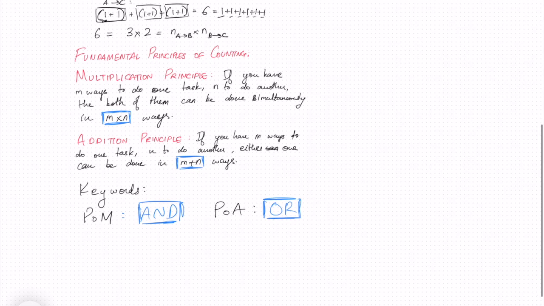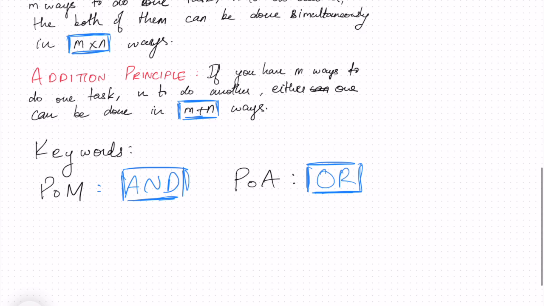So the keywords are "and" and "or". So ask yourself whenever you see a PNC problem as to what exactly do we have to do in order to count the number of ways in which the task can be done. Do we have to do two tasks simultaneously, task 1 and task 2, or task 1 or task 2?